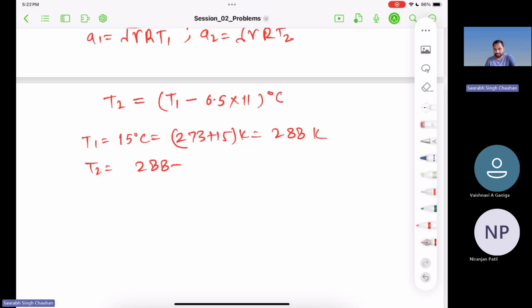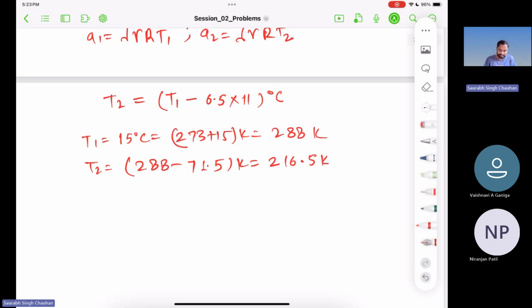That is 71.5. So 288 minus 71.5 comes out to be 216.5 Kelvin. Now you have the temperatures.